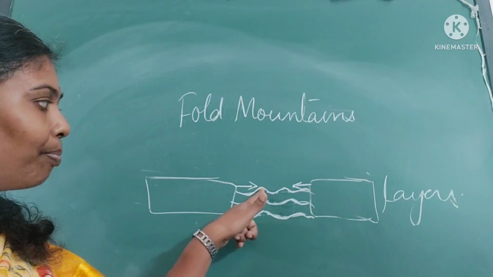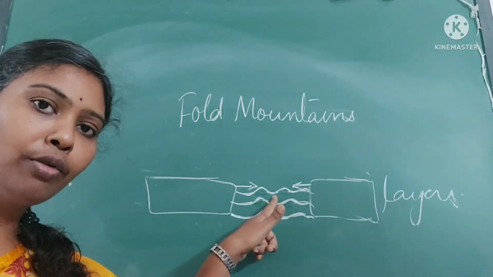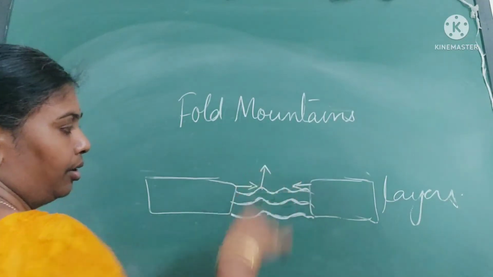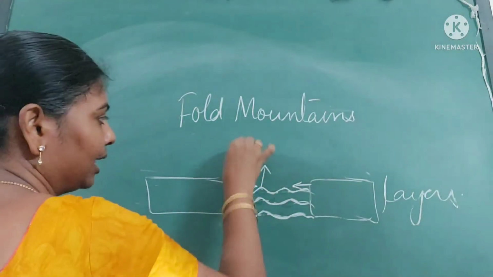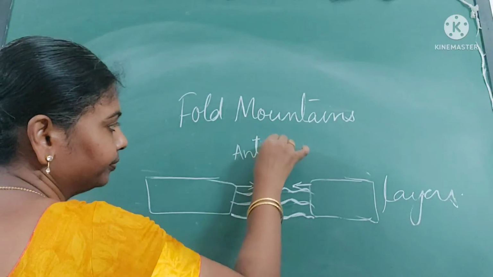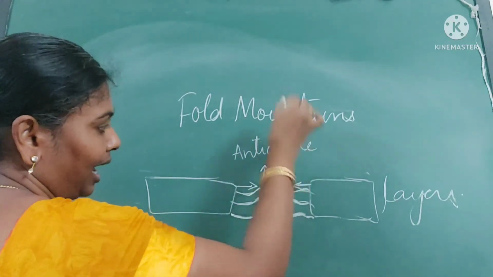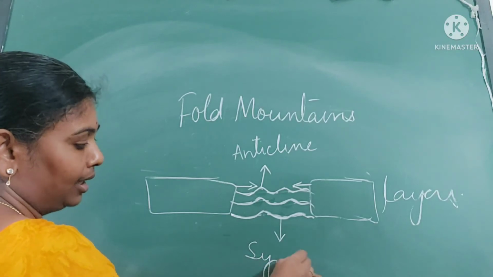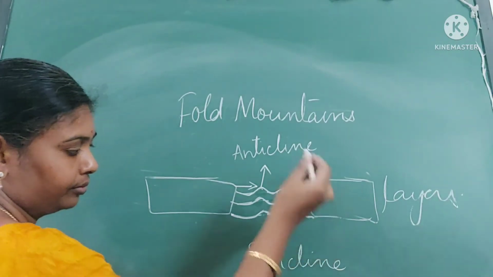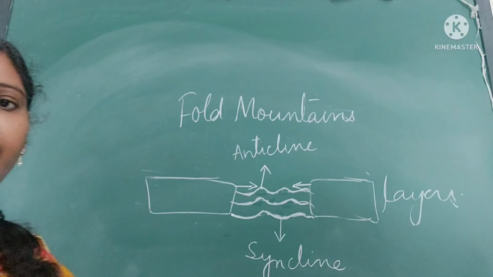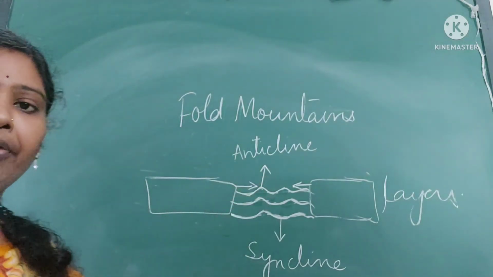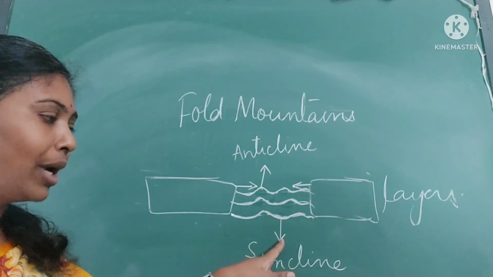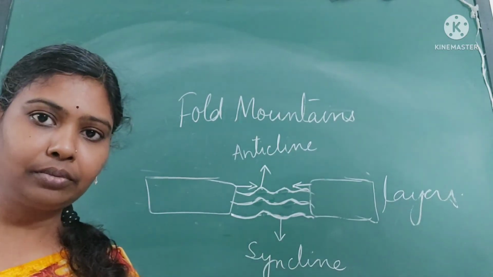So we get one upper fold and one lower fold, right? The upper fold is known as anticline, and the lower fold is known as syncline.